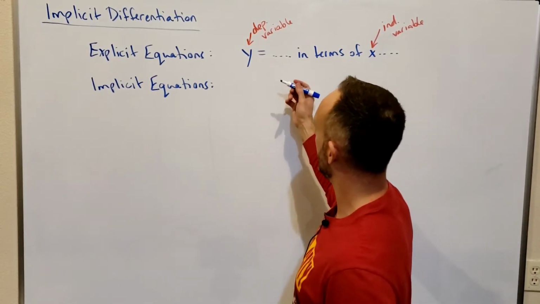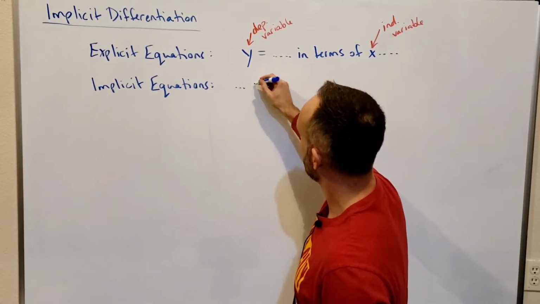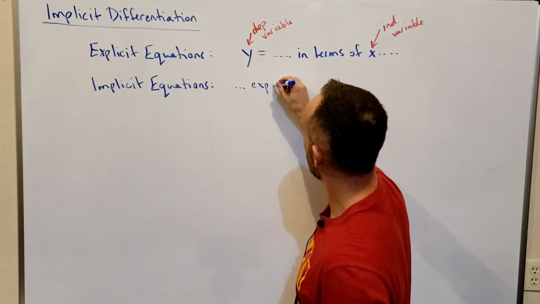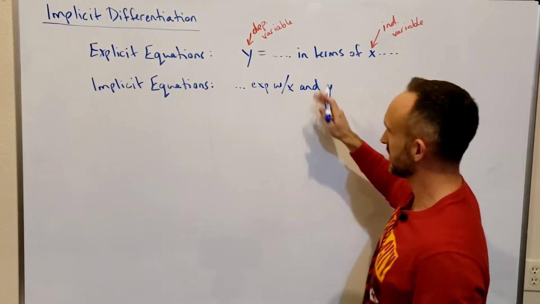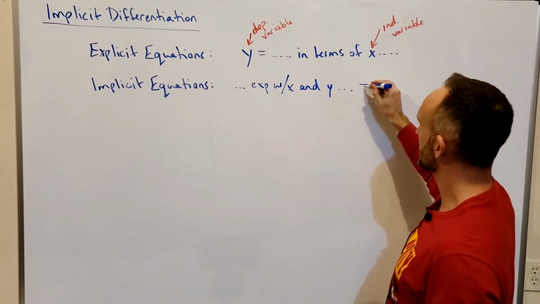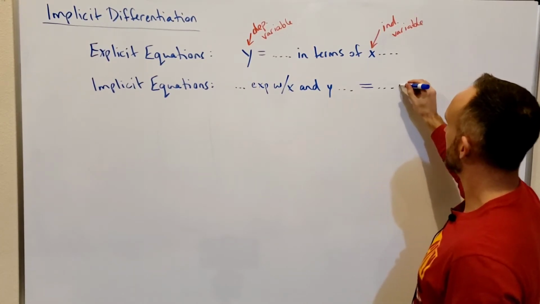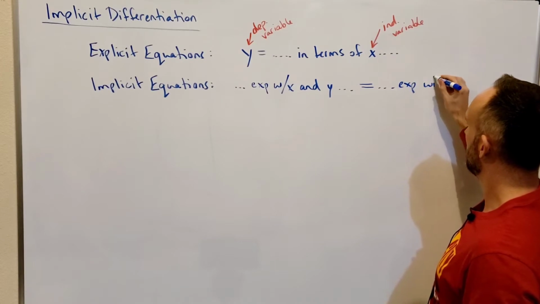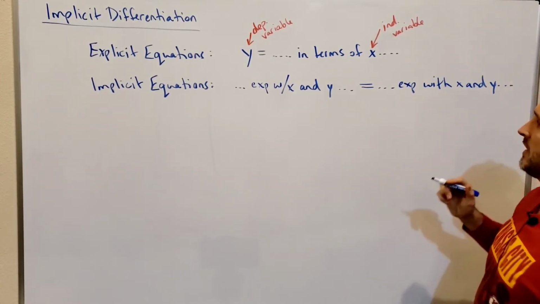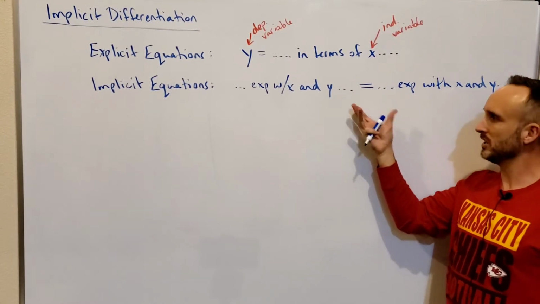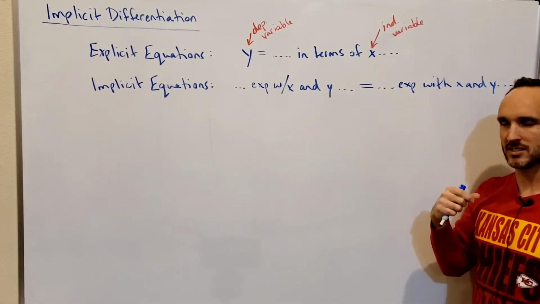So on the left side, you can have an expression with multiple x's and y's. And then on the right side of the equation, you can have another expression with x's and y's. And so these can be a bit messy to really understand the relationship between x and y.